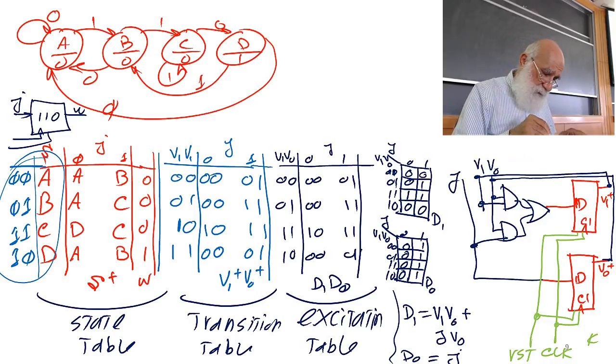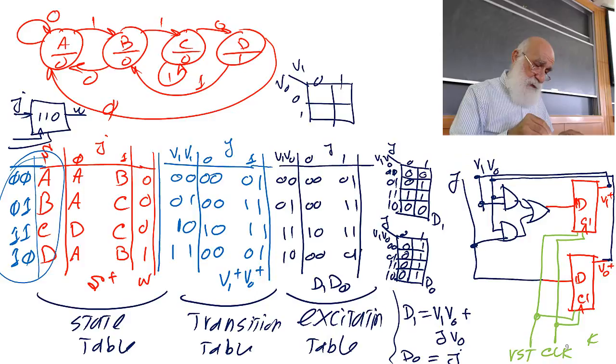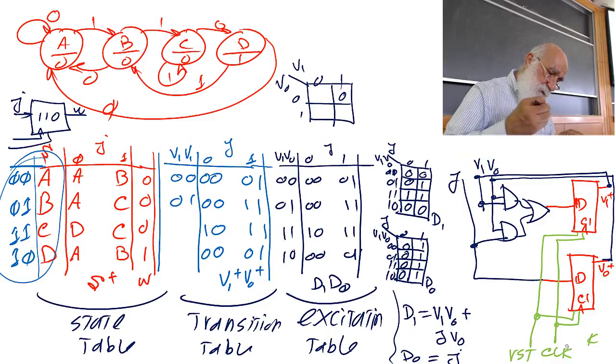There is another Karnaugh map for your output, in terms of V1, V0. Your output is 1 when you have V1, no, I'm sorry, good thing that I noticed this is 1110.